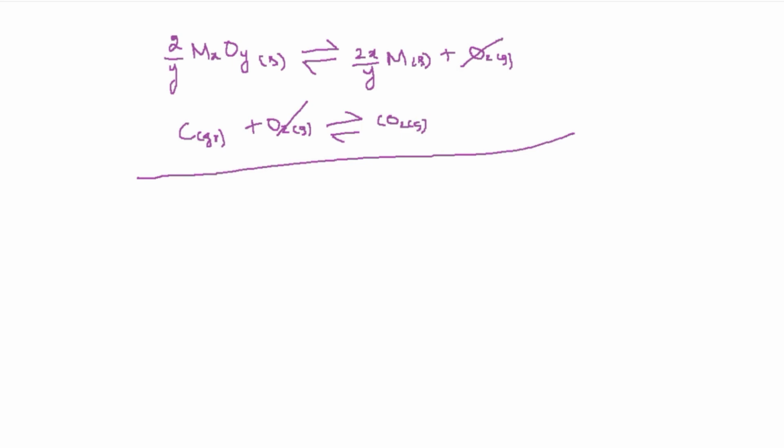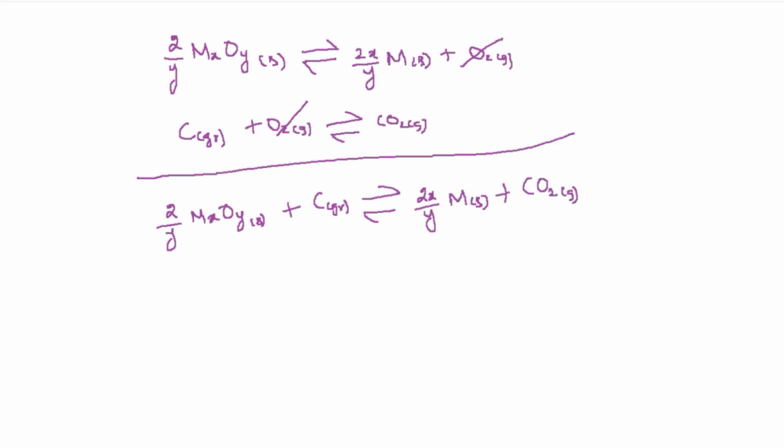Oxygen cancels, so we have the standard free energy change for first reaction is delta G01, and for the second one delta G02.